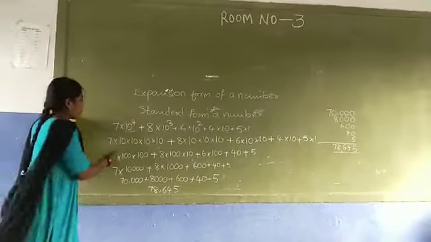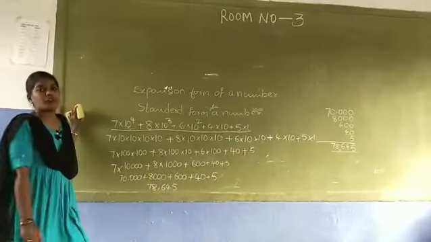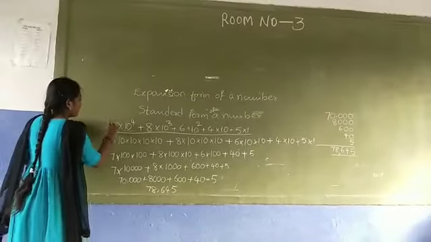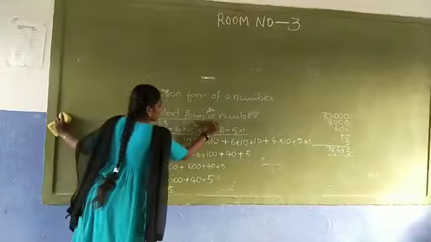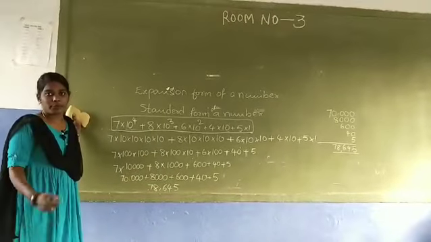The standard form of this number is 78,645. You can solve like this in each and every problem.